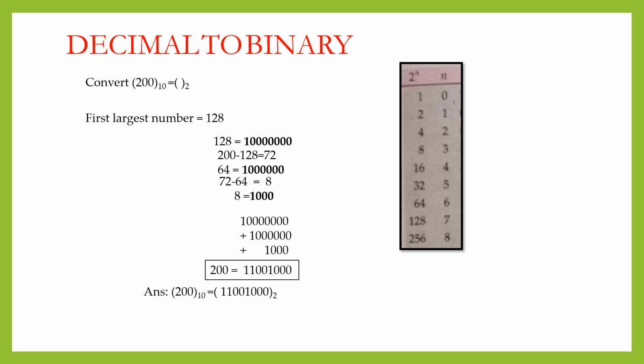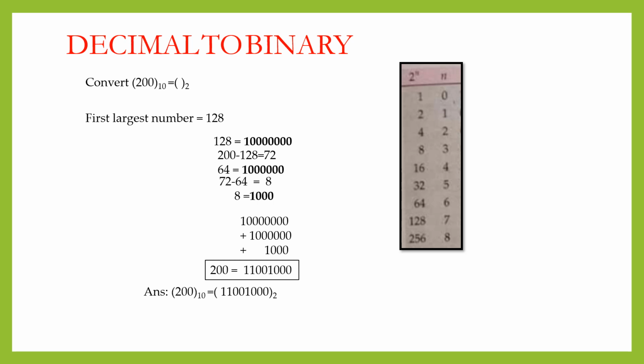Then subtract this 128 from 200 and you will get the answer 72. From the table, 64, that means 2 to the power of 6, is the largest number without exceeding 72. Put 1 at the 7th position and 0 at all other positions. Now subtract 64 from 72. Answer is 8.